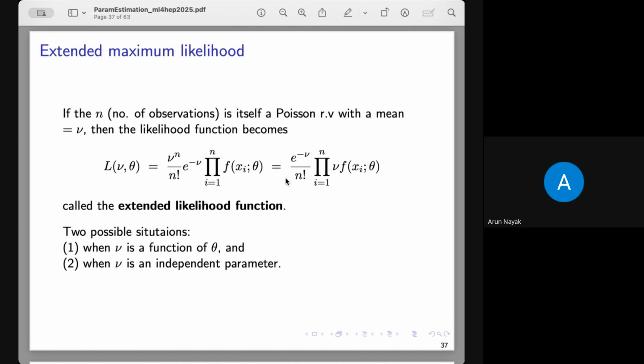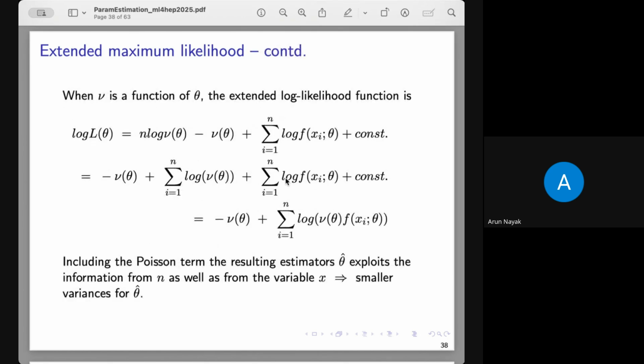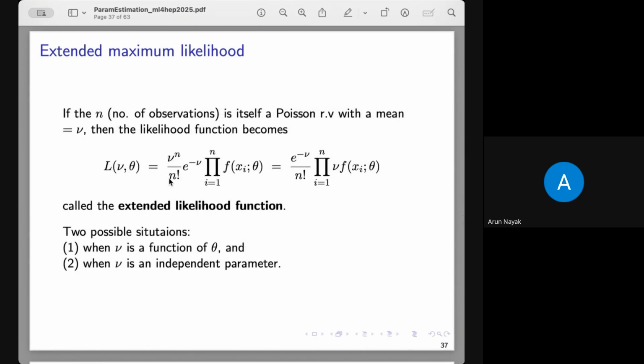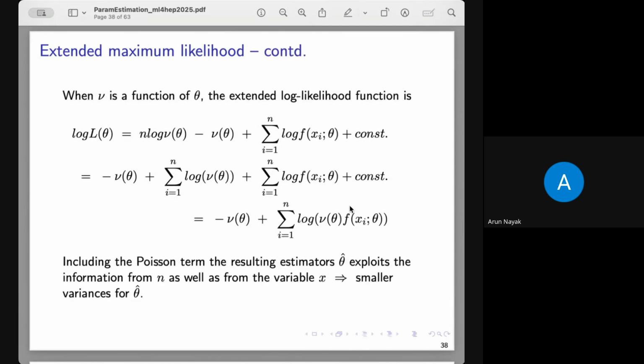In the first case, suppose nu is a function of theta. The extended log likelihood function, you can write in this form. Now that nu depends on theta, when you write the log likelihood, you will expand this form, and there will be constant terms coming from this one. At the end, if you ignore the constant term, it will be of this form.